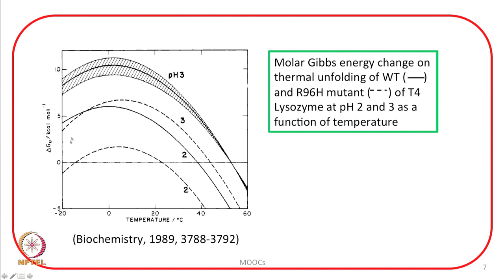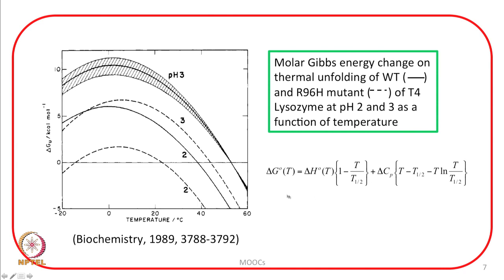This delta G naught versus temperature curve has been generated from minus 20 degrees Celsius to 60 degrees Celsius by using this equation: delta G naught at T is equal to delta H naught at T half into 1 minus T by T half, plus delta Cp and the remaining terms as we discussed earlier.